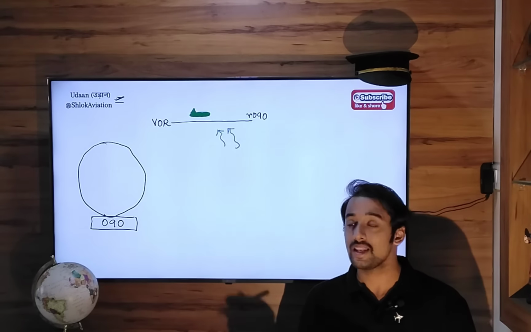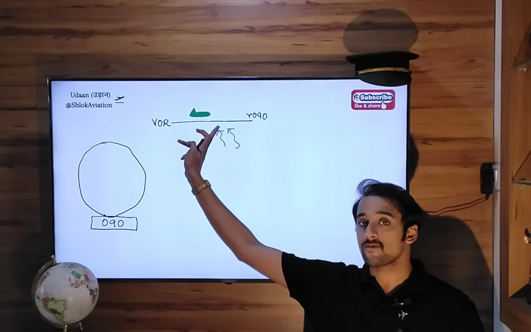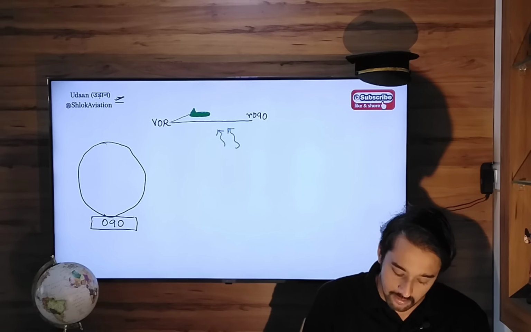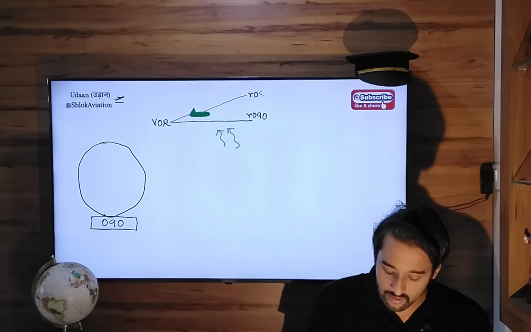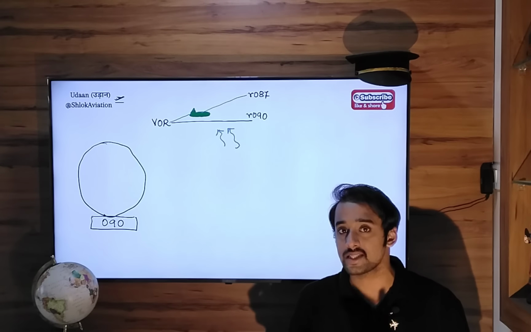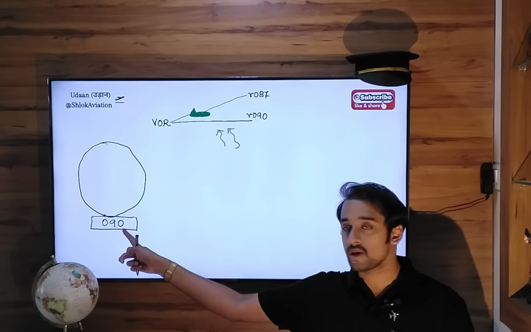Okay, now we are to the left hand side. We are flying away from the VOR and we are on the left hand side of radial 090. So let's say we might be on radial 087, 086, 088, anything less than 090. As a result of that, you have put 090.